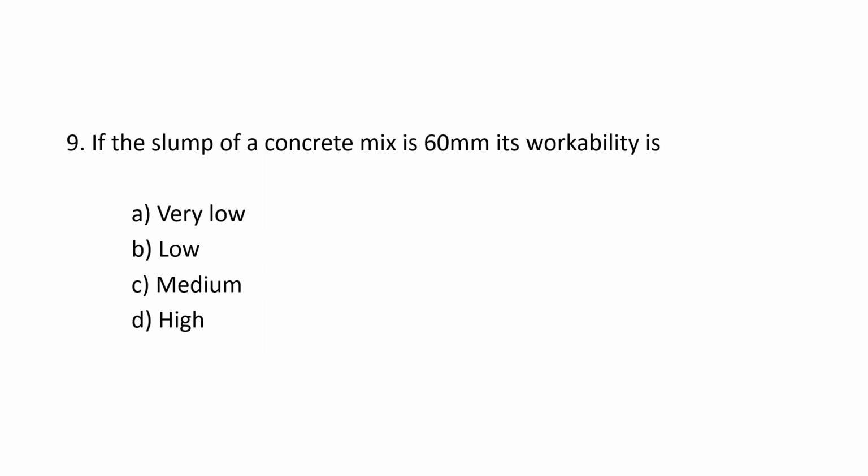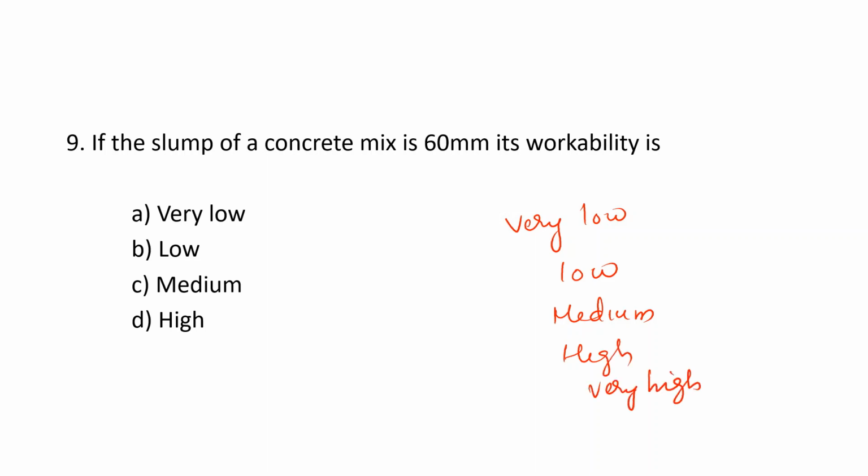Next question, they have given the slump value. If the slump of a concrete mix is 60 mm, then its workability is very low, low, medium, or high. We know that during the slump workability test, we studied a table: very low, low, medium, high, and very high. If while conducting the experiment we get a slump less than 25, then we call it very low.